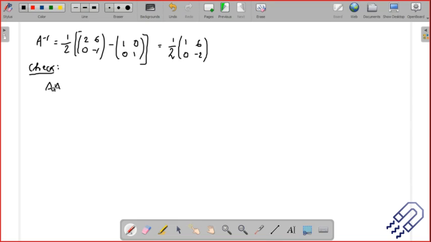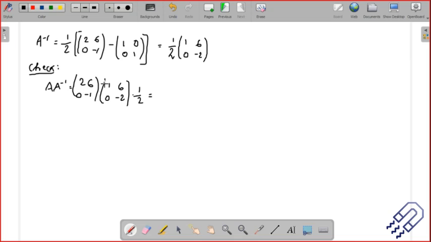A inverse is equal to, 2, 6, 0, minus 1, and then 1, 6, 0, minus 2, and then of course there's the half there.